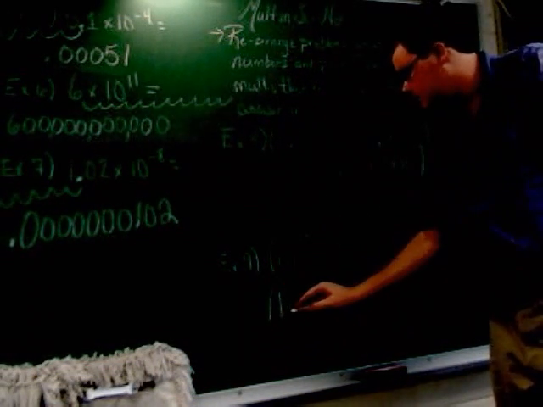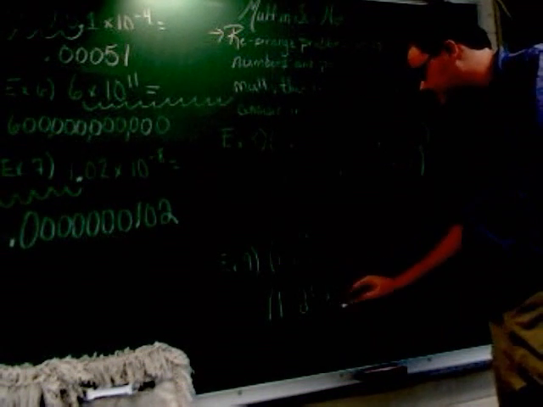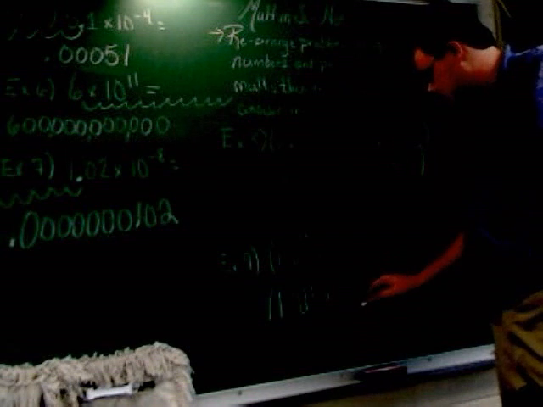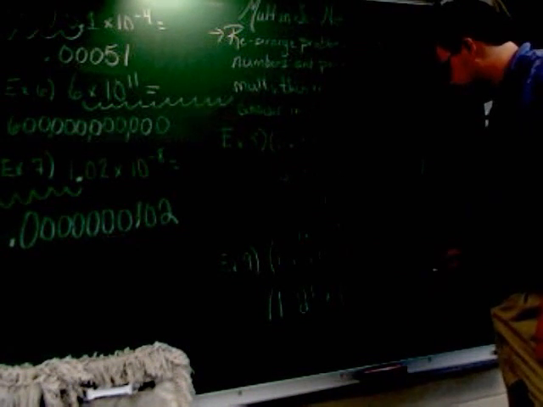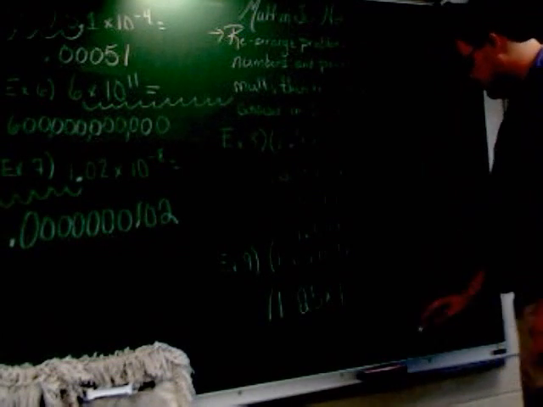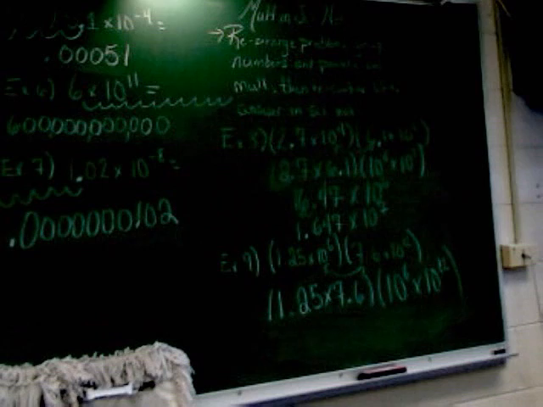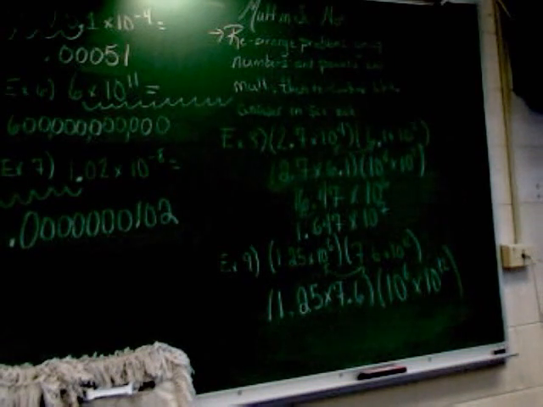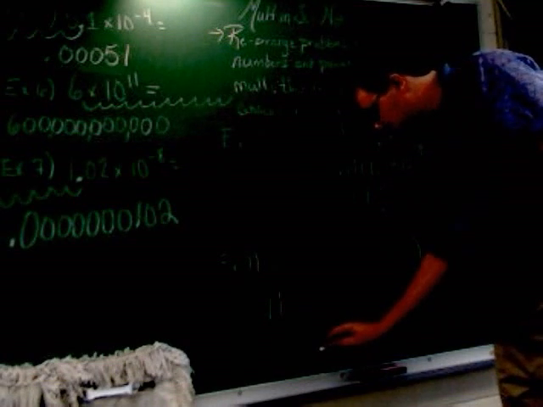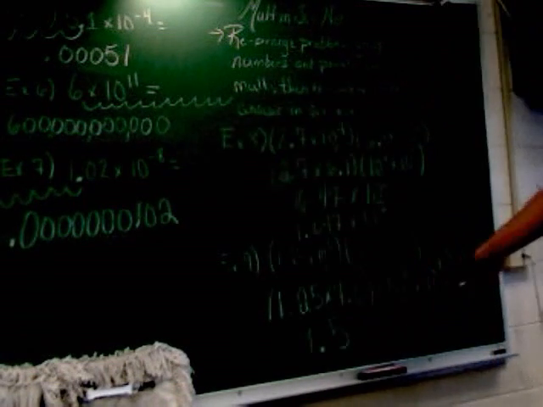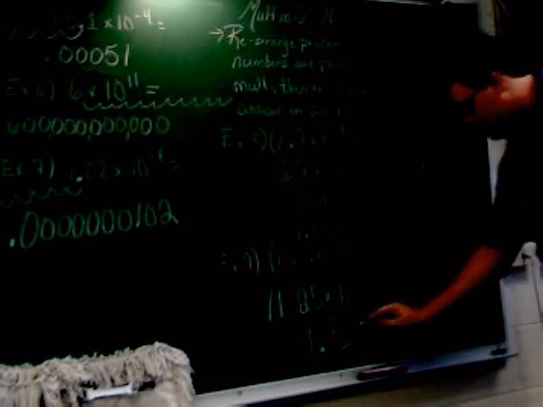So I'm going to put 1.25 and 7.6 together, and I'm going to put 10 to the 6th and 10 to the 12th together. All right. 1.25 times 7.6 is 9.5, so we don't have to make a change here. That's good. Okay, 10 to the 6th times 10 to the 12th is 10 to the 18th. There you go. Booyah.